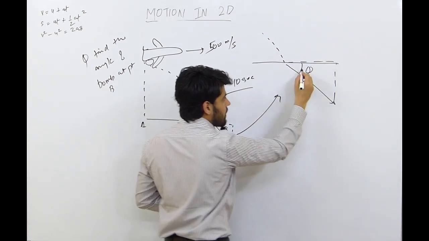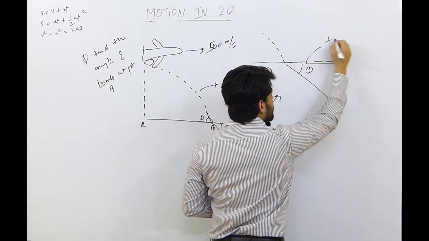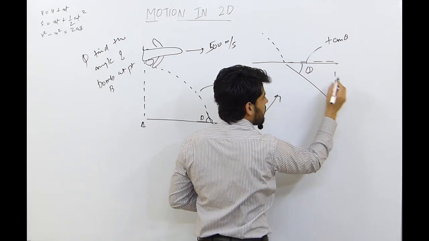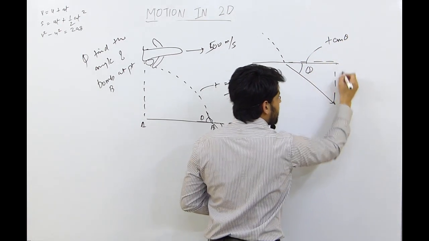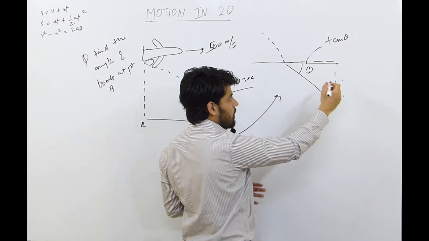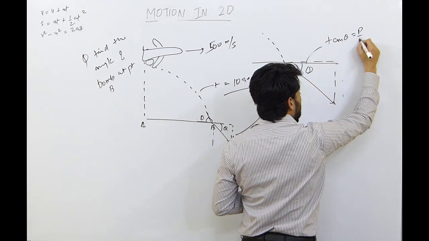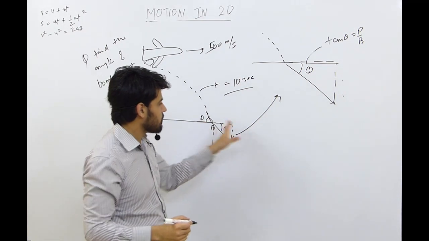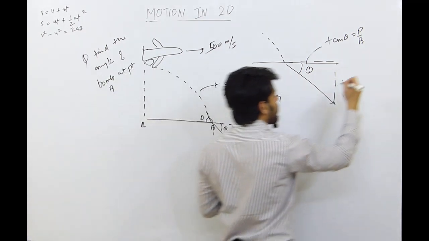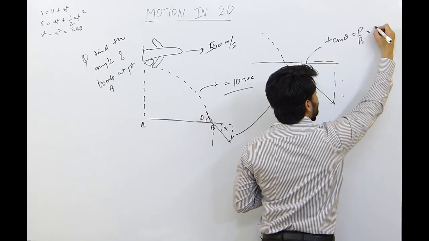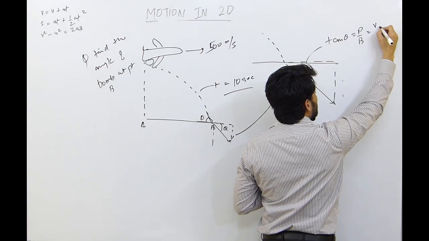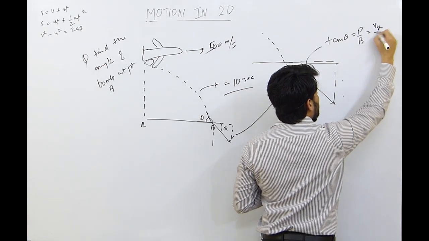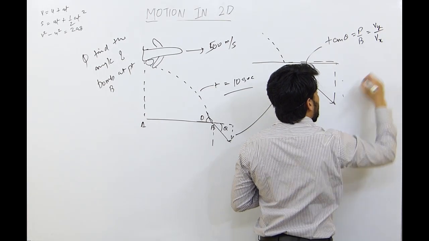If we use trigonometry, tan theta will be equal to P by B. Perpendicular will be the vertical component, and base will be the horizontal. So it equals Vy by Vx.